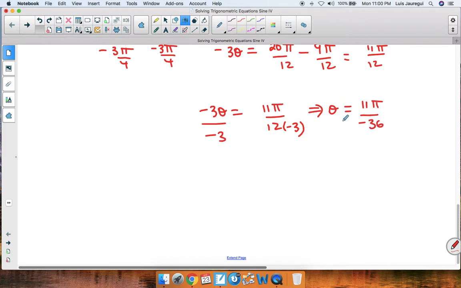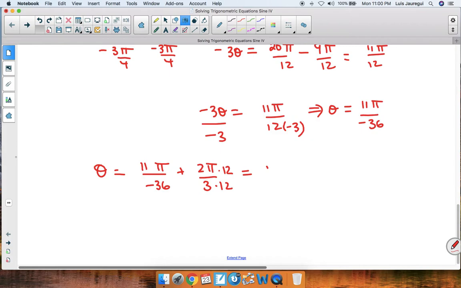Once again, this is an angle that is not inside our constraints for this problem, because we need theta to be between 0 and 2 pi. So what we're going to do is take this angle of 11 pi over negative 36, and add the period of 2 pi over 3. Again, we're going to multiply this one by 12 over 12 to get the same denominator.